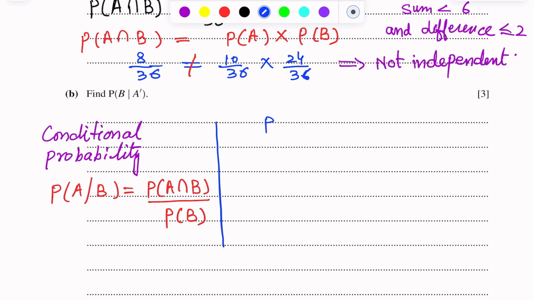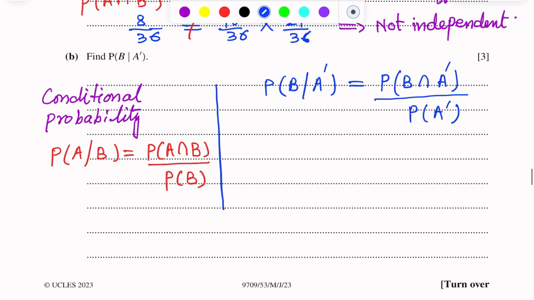Probability of B given A dash will be equal to, according to the formula, probability of B intersection A dash over probability of A dash.